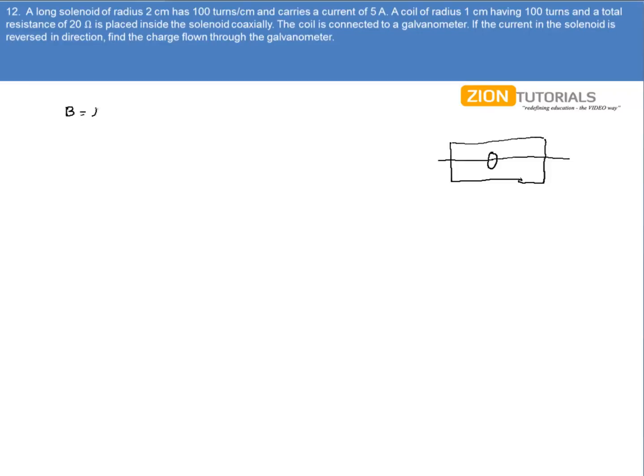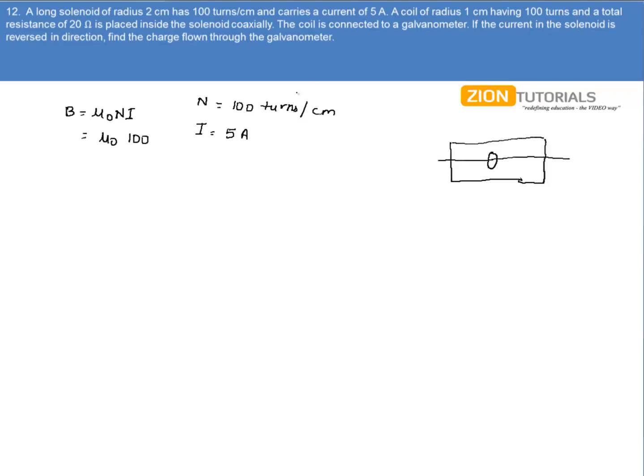that is given by mu naught n into I. So substituting all the values, the value of n is given as 100 turns per centimeter and current is 5 ampere. So magnetic field is mu naught into 100.